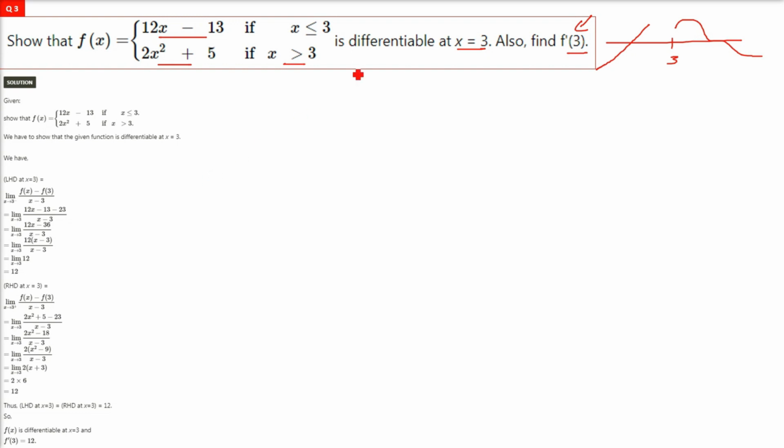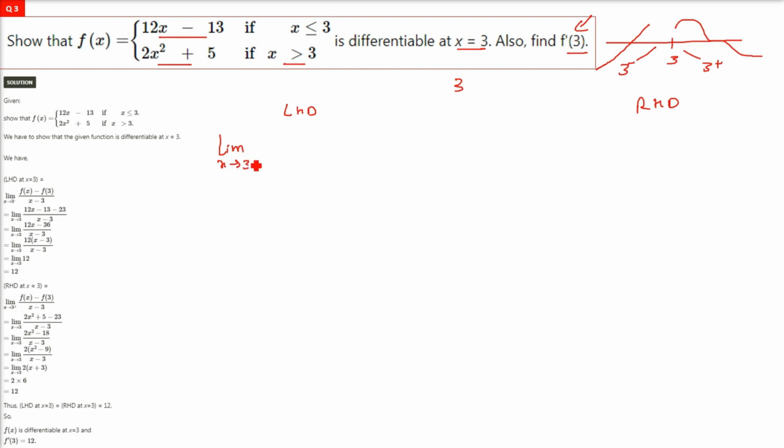Okay. So when the differentiability can be proven, the value will come and you don't have to differentiate again. That will be the value of f dash 3. So left hand derivative and right hand derivative, that is what we are interested in. So we just write 3 minus, 3 plus to indicate we are dealing with 3 minus left hand derivative, 3 plus right hand derivative.